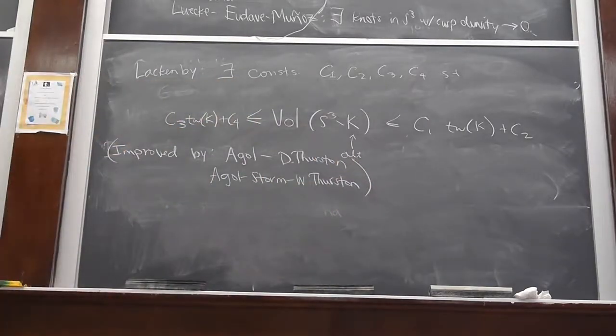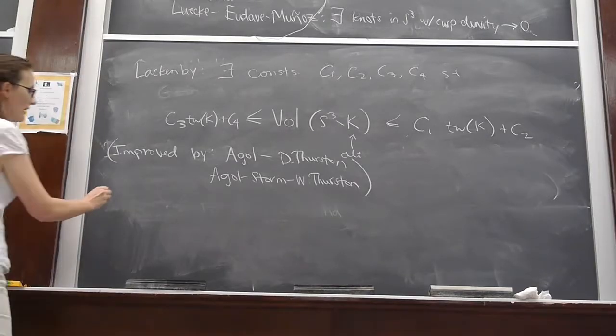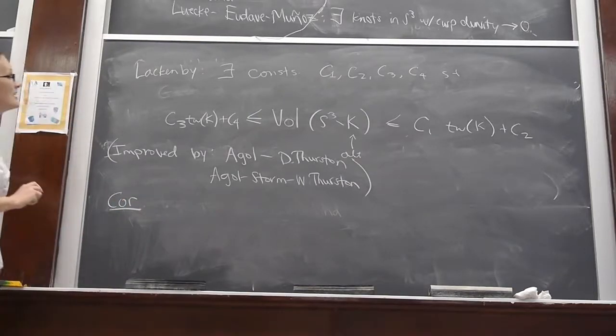Okay, so we know that the volume itself is bounded, but on the other hand, the cusp volume is bounded. And so a corollary of our work is that the cusp density of alternating knots is uniformly bounded below.